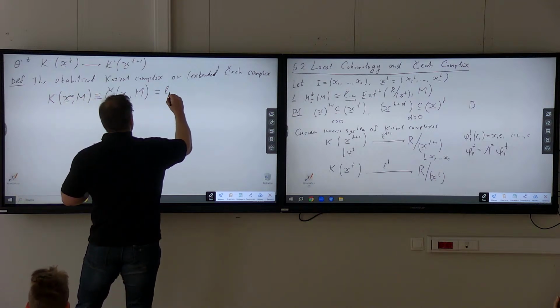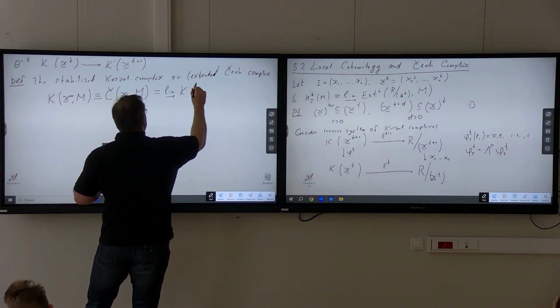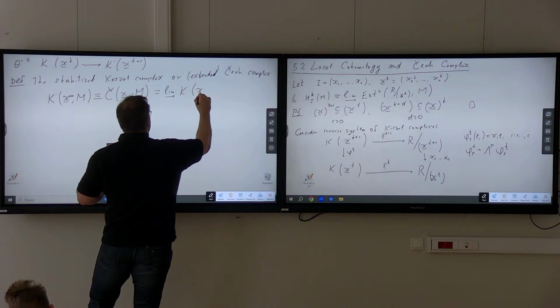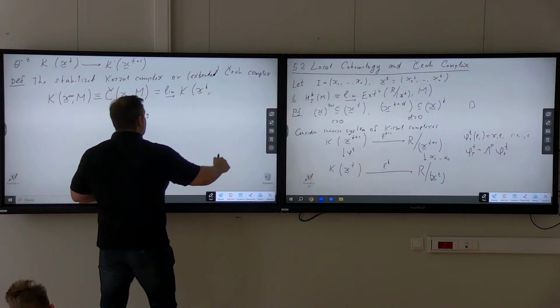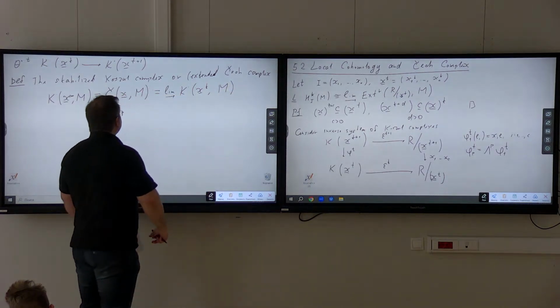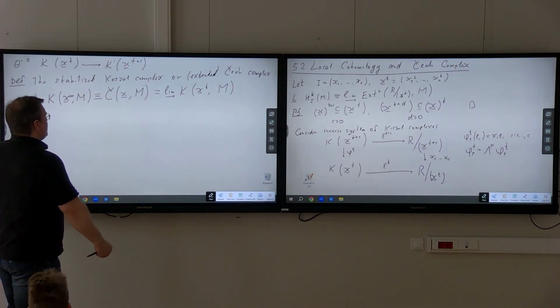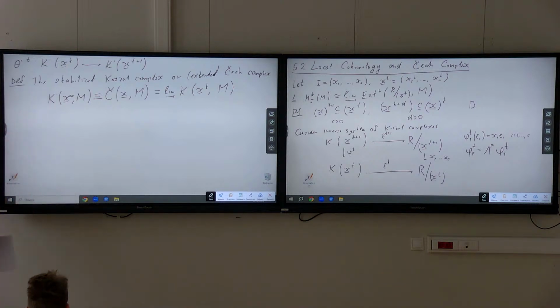This is by definition the direct limit over t of the homological Koszul complexes of x to the t, with second argument the module M. So this is the stabilized Koszul complex, or extended Czech complex if you wish, of the module M.